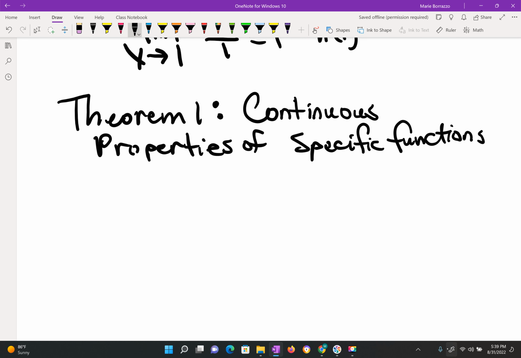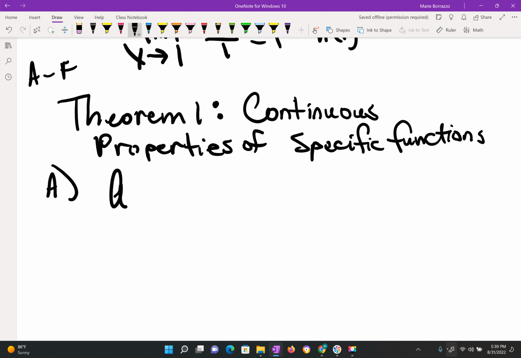So we'll start with A. Remember, this is A through F, how it's listed. So if I start with A, it talks about constants. You know what a constant is, right? Just like a basic number, no x, no variable involved, right?